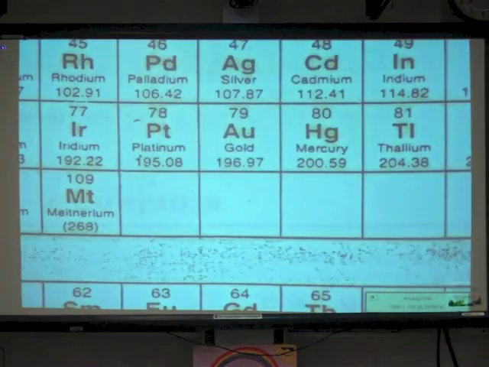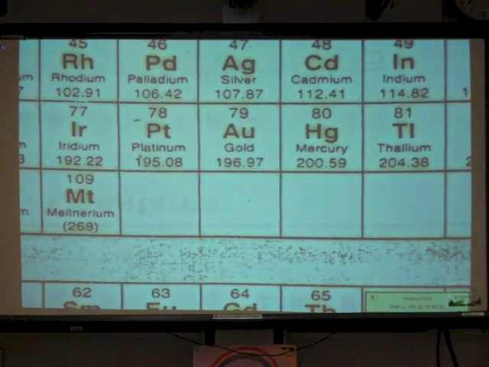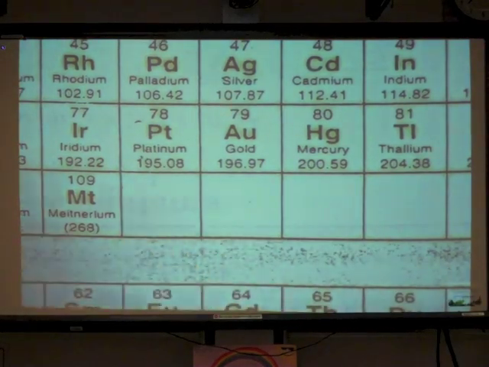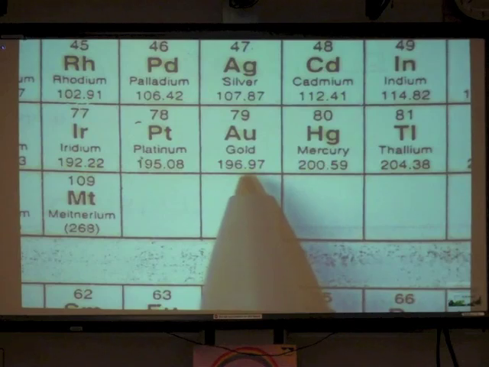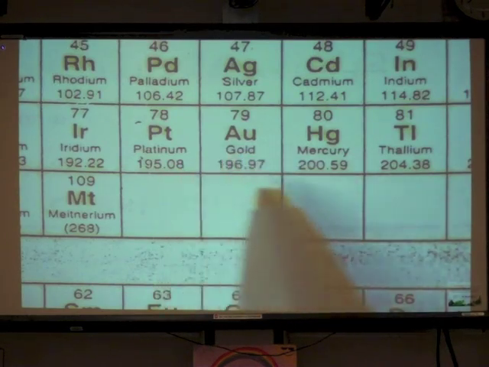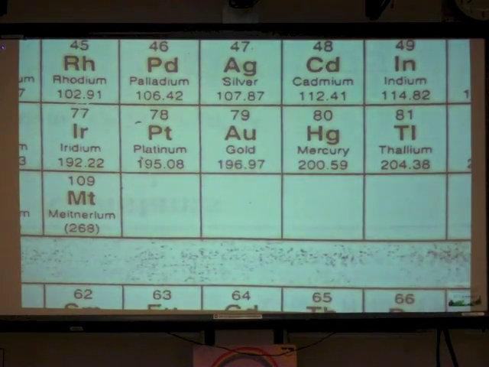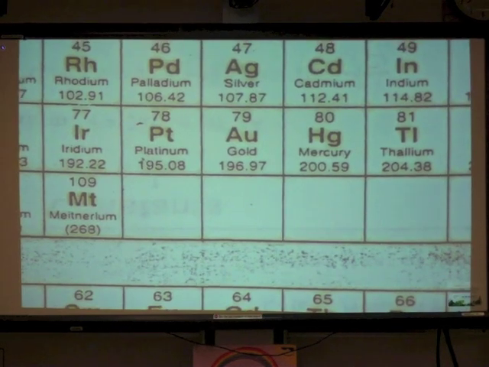Okay, so on the periodic table, this number right here, 196.97, that's its atomic mass. Its mass number is its atomic mass rounded to the nearest whole number. So 196.97, what will that round to?